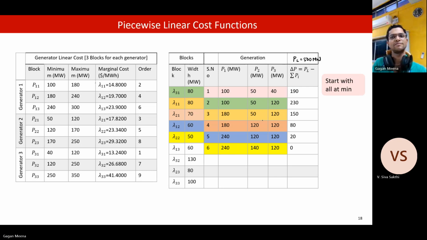I have made some mistake somewhere here. This difference is not correct.